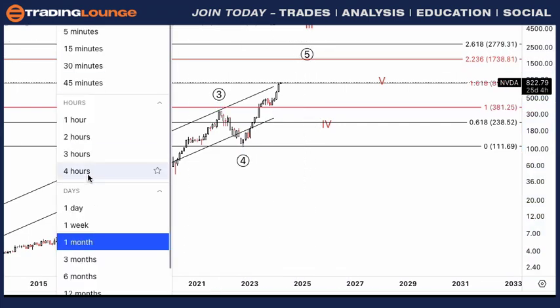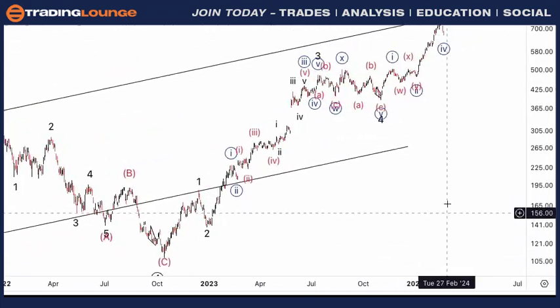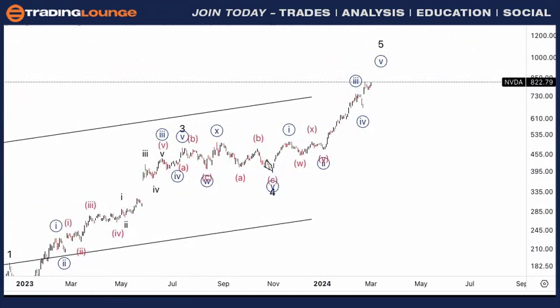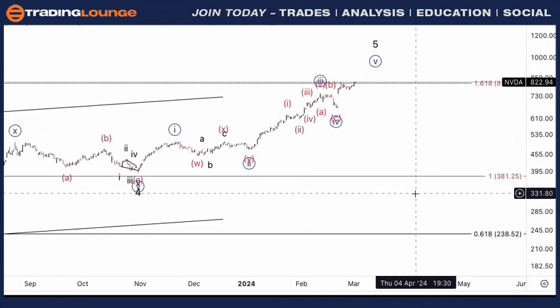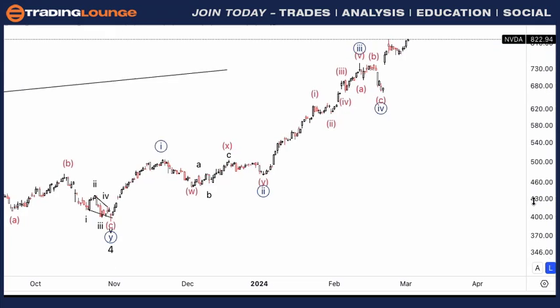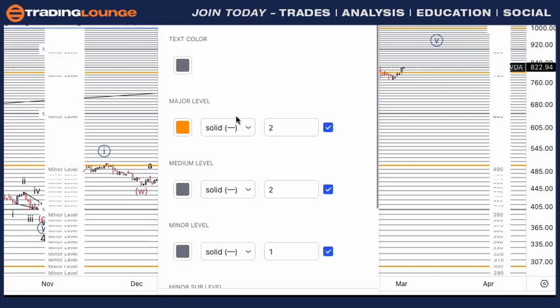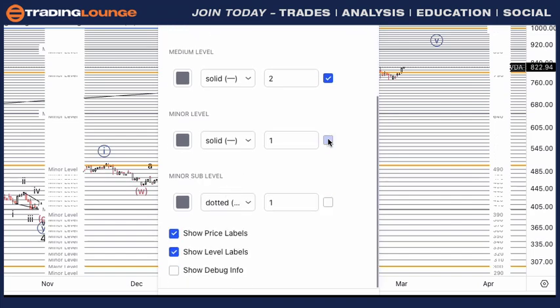Now it's been said, let's go back to the daily, and let's focus on this move here on the intraday chart. Now let me get rid of this. Looking at the intraday, simply within the patterns, and let's hide minor levels.